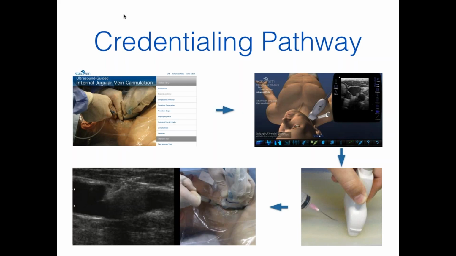Importantly, they're also earning continuing medical education credits for these didactic sessions if they are not within a training program. Next, they can access the SonoSim simulator to do the self-directed hands-on training. In this case, in this right upper corner, you're seeing the IJ being cannulated within the simulator.